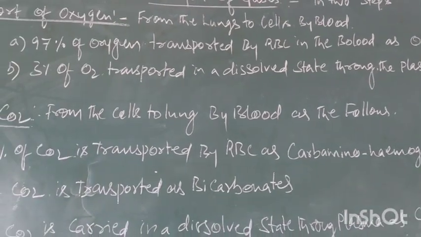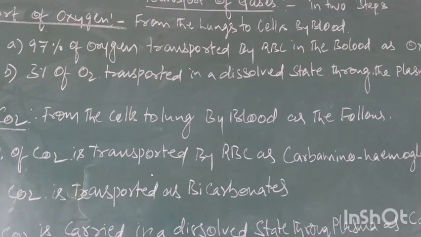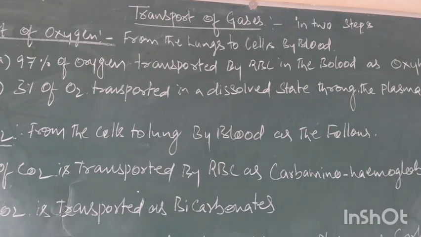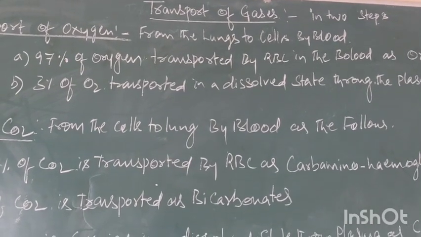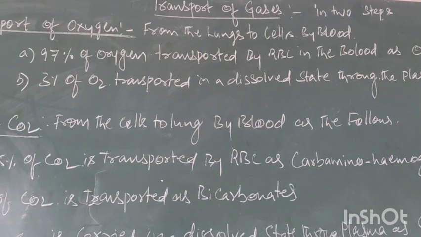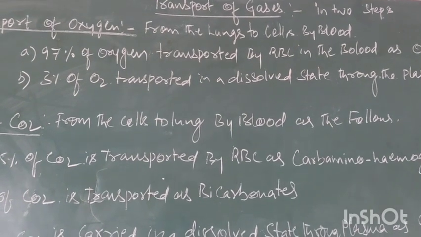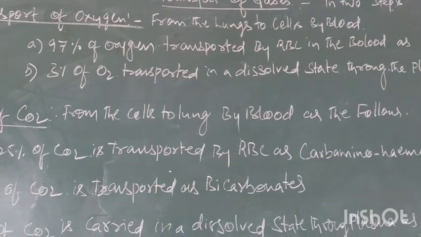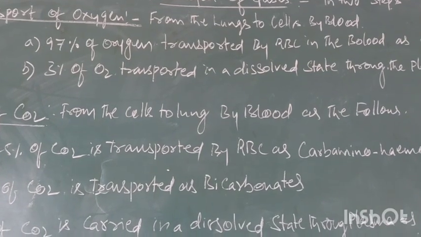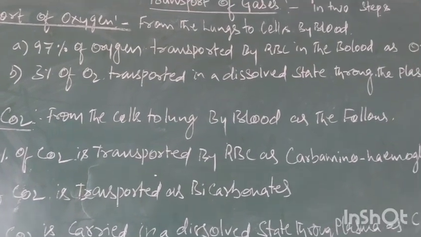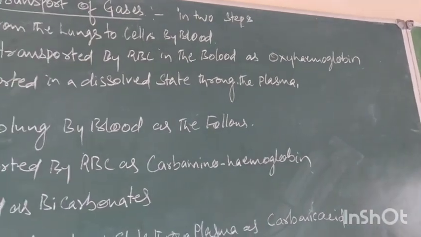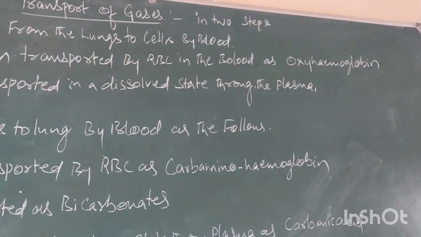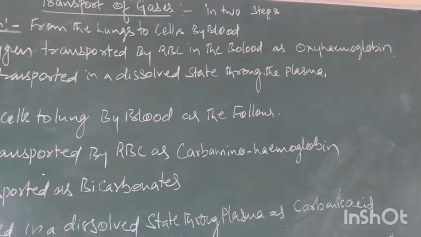These are the two forms of oxygen transported by blood from lungs to tissues. That means during transport, oxygen cannot be transported in its original form. The 97% is transported by oxyhemoglobin, that means O2 is bound with Hb to form oxyhemoglobin.